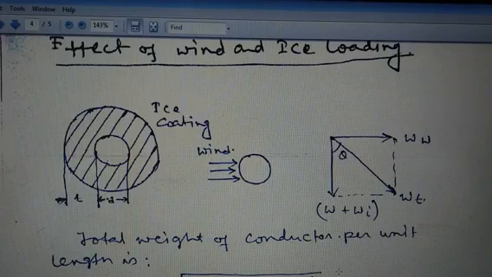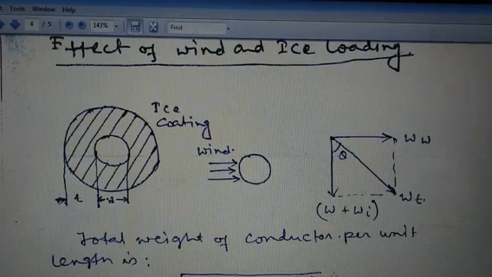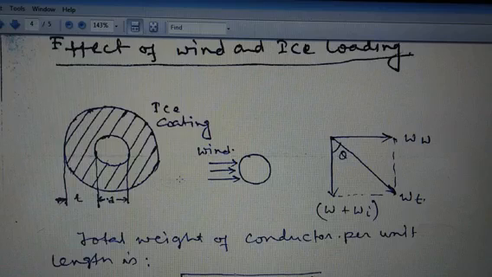In actual practice, a conductor may have an ice coating or be simultaneously subjected to wind pressure. The weight of ice acts vertically downward in the same direction as the weight of the conductor. Weight always acts vertically, according to the gravitational force.